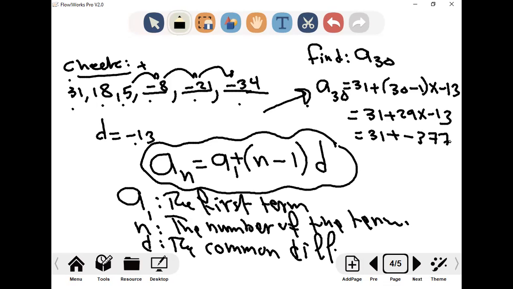I put minus because positive times negative. Now 31 minus 377.